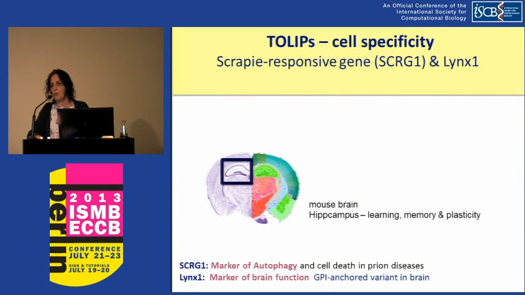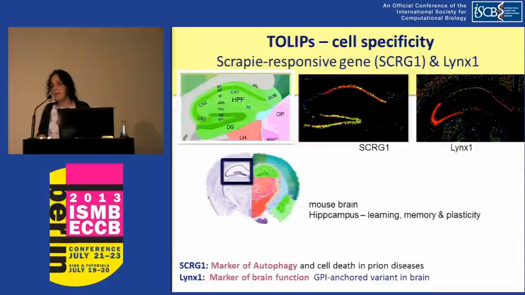The answer is no. Because if you go to the brain, and this is specifically going deep into the hippocampus, the learning, memory, and plasticity region, and you look at two of those representative in this chromosomal section that I showed you. One is called Ly6, the other is important in prion disease. You can see that by in situ hybridization, each of them have its own expression.